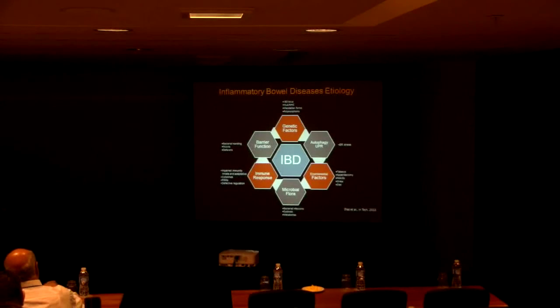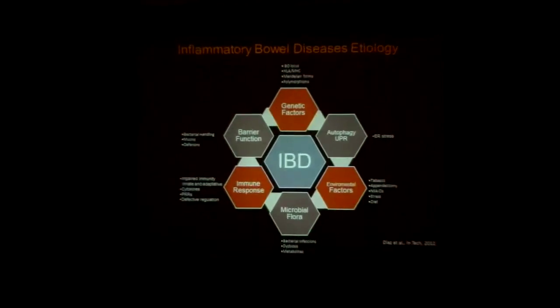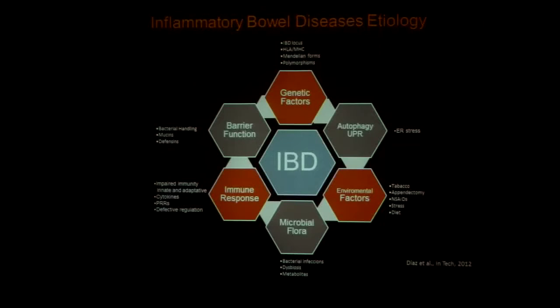So, as mentioned recently, these diseases are multifactorial, and this diagram shows that mainly 3 factors contribute to the etiology of these diseases: genetic factors, the immune response, and environmental factors.